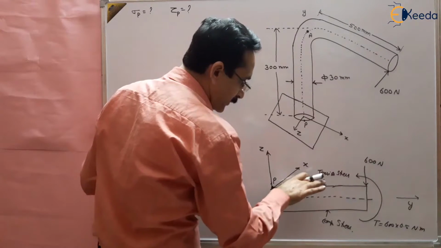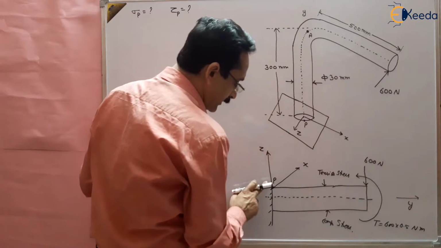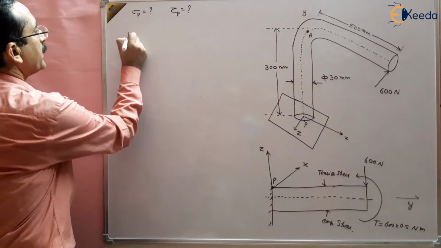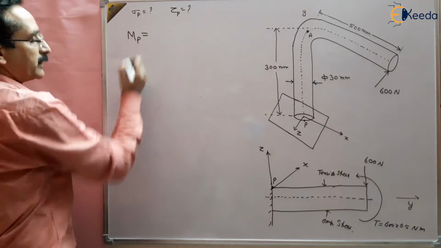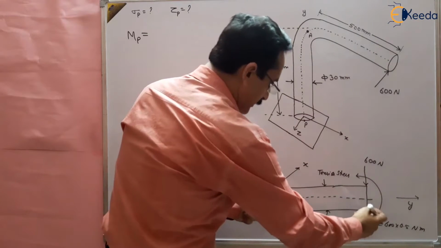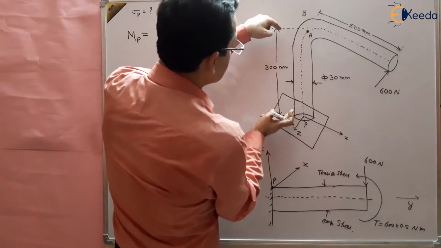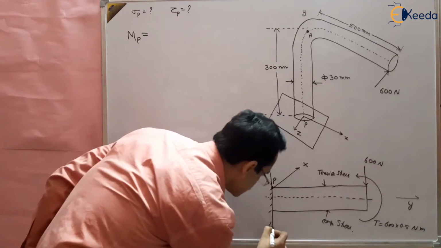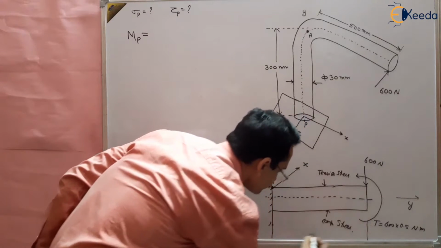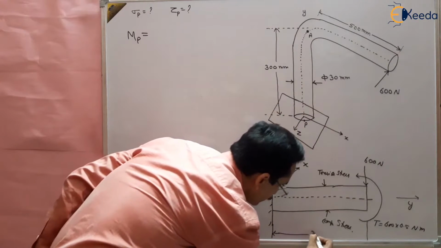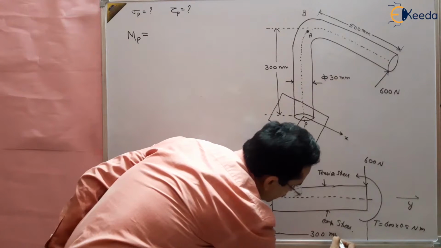At point P there will be tensile stress developed. The bending moment is 600 multiplied by this length, which is 300 millimeter.